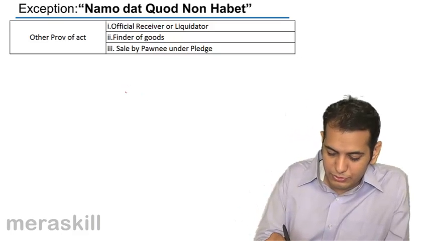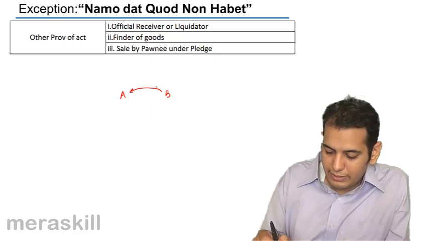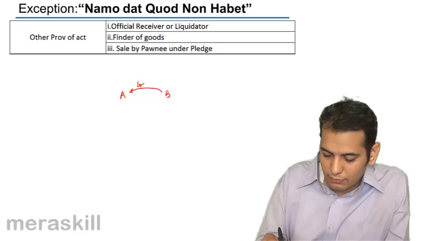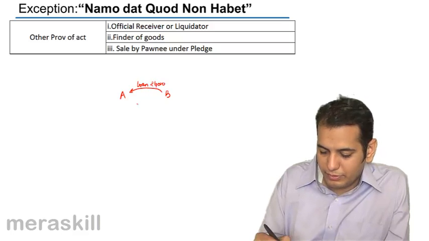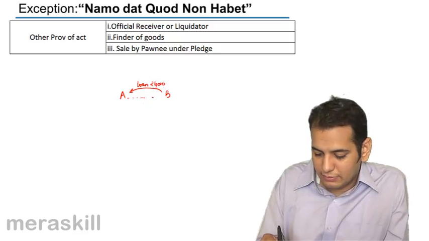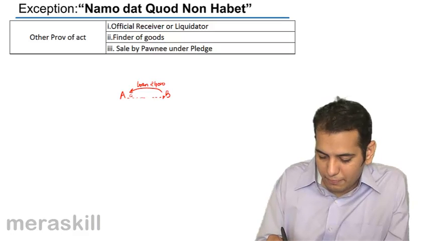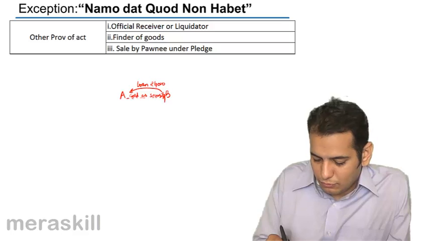Now let's say there's a person A and there's a person B. Now person A has taken a loan of, let's say, rupees 10,000 from B, and he has given him gold as security.